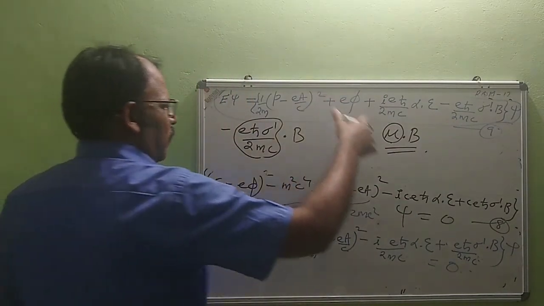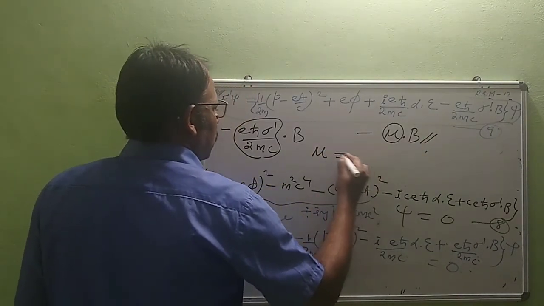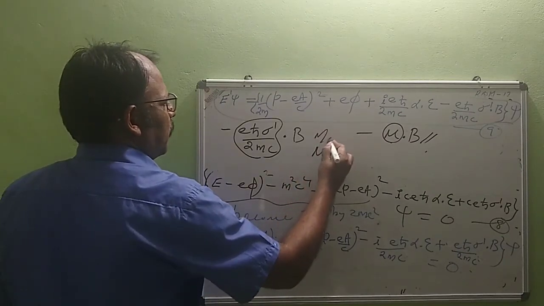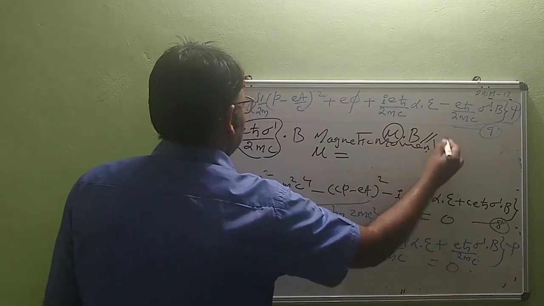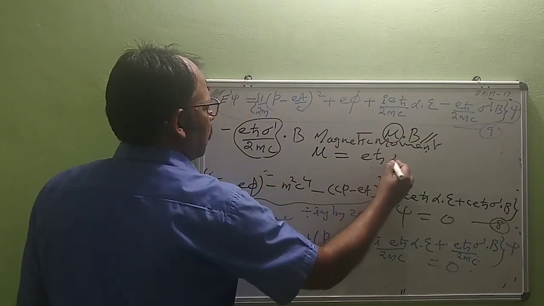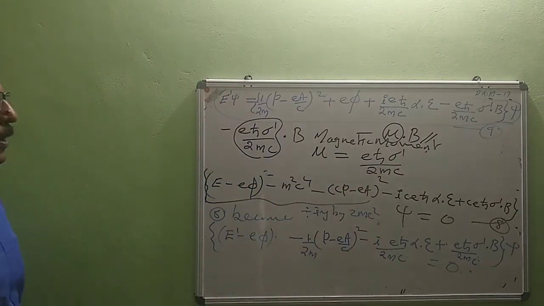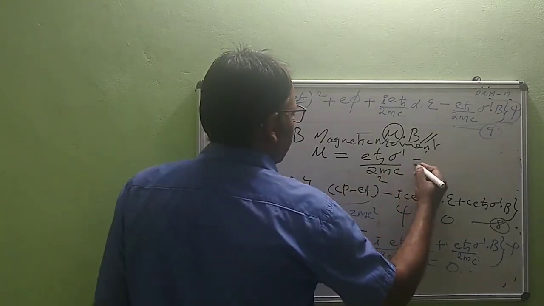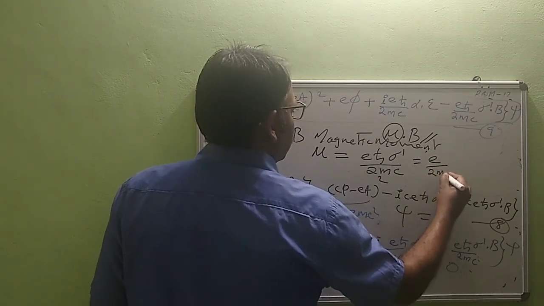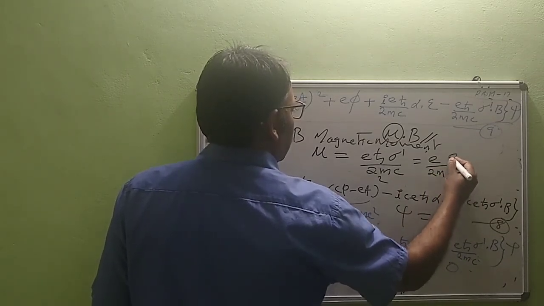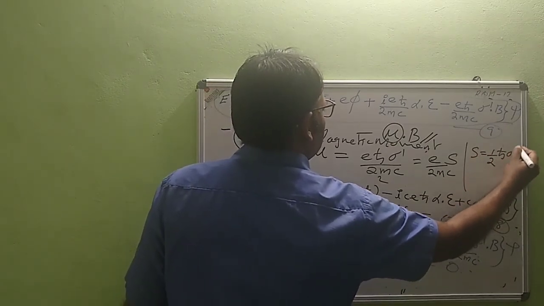So from the Dirac equation we automatically obtain the expression for magnetic moment, and we got the magnetic moment of the electron as e h bar sigma prime by 2mc, or we can write it as e by 2mc into S, where S is equal to half h bar sigma prime.